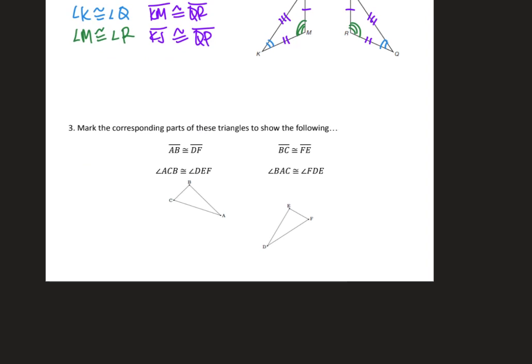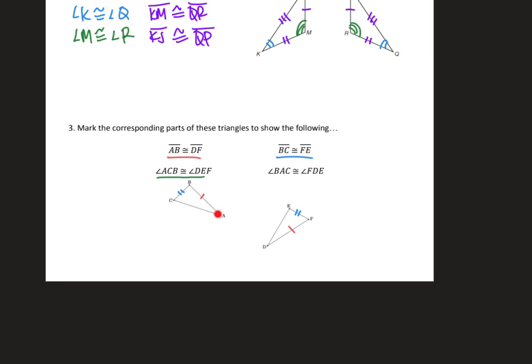All right, number 3, it says mark the corresponding parts of these triangles to show the following. So starting with the first statement, AB is congruent to DF. So here's AB, it's congruent to DF. Then I have BC is congruent to FE. So BC is congruent to FE. So make sure you use 2 markings. Now we have angles. So it says angle ACB.